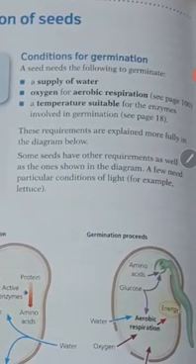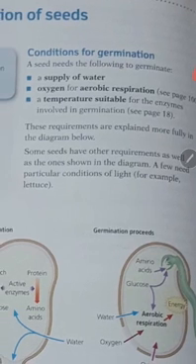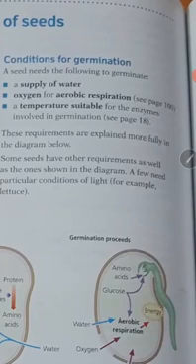Oxygen is for aerobic respiration, meaning respiration which requires oxygen, and anaerobic respiration means respiration that does not require oxygen, but plants require oxygen, right? So it means that aerobic respiration is needed in a plant.